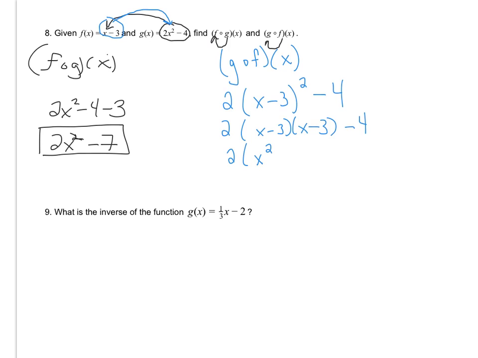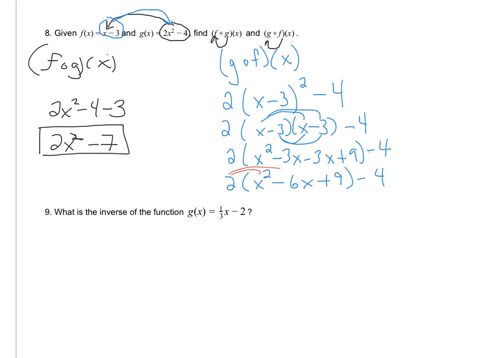And this would be x squared, because I'm foiling, x squared minus 3x minus another 3x plus 9, minus 4. If I put those two terms inside together, I get 2 parentheses x squared minus 6x plus 9 minus 4.